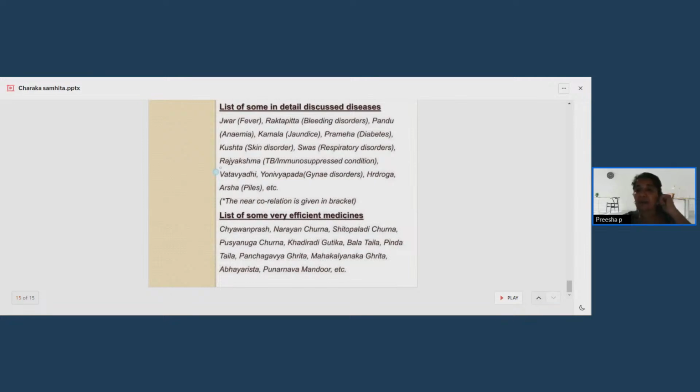So it is Samana Pratyarabdha or Vichitra Pratyarabdha? Yeah, Samana. So these are the areas where it can be asked.